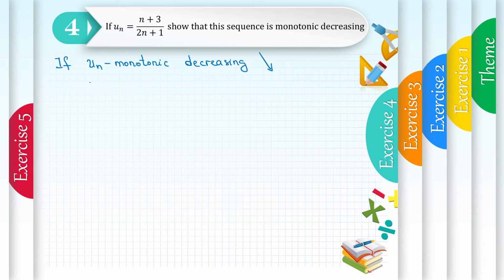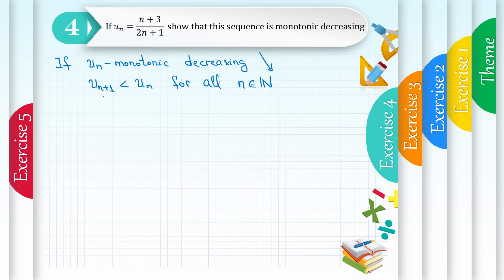This means that u_(n+1) is less than u_n for all n belonging to positive integers. So, in fact, we have to show that for all positive integers, u_(n+1) is less than u_n.